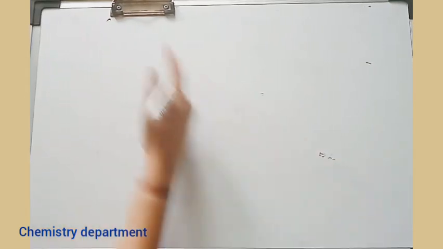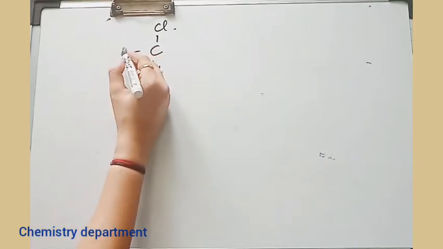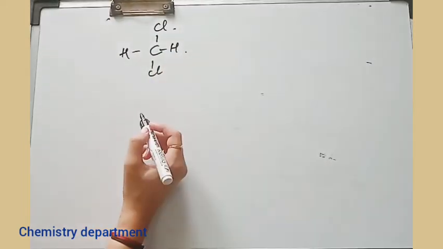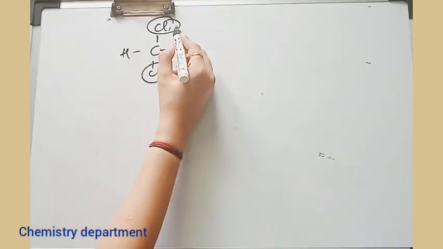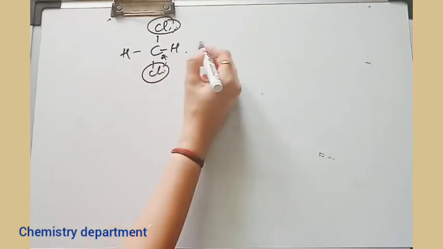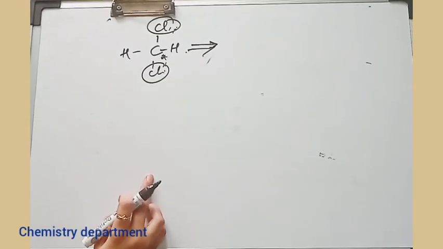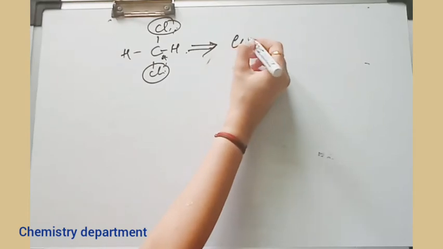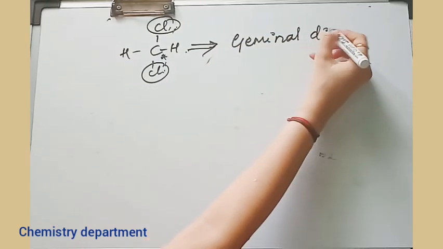You know that if the carbon atom is substituted with two halogen atoms, if the two halogen atoms are substituted on the same carbon, such compounds or such halides are called as geminal dihalide.